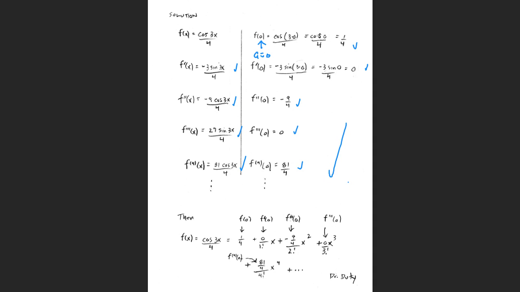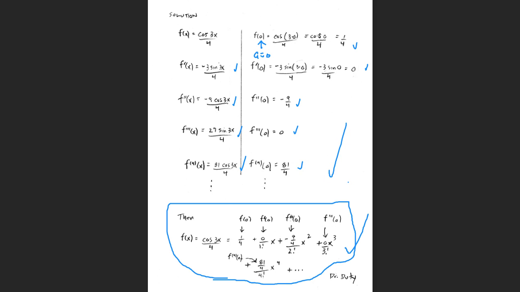Okay, so now what I do is create the Maclaurin series right here. And I put in the details: you have the factorials in the denominator, and the coefficients are the derivatives at 0 of the function, except of course the first term is f of 0.